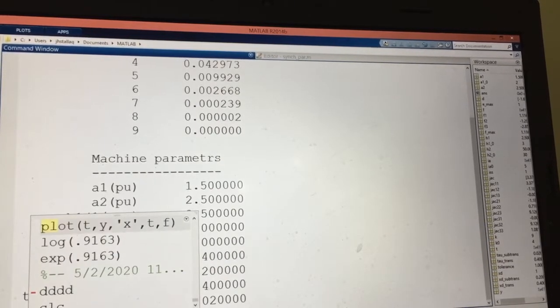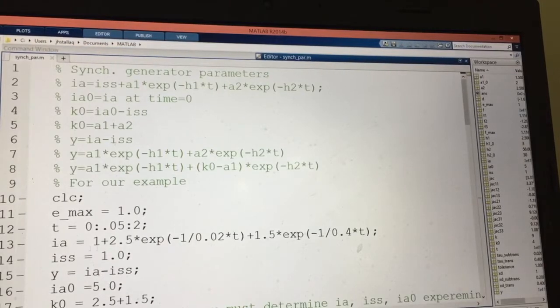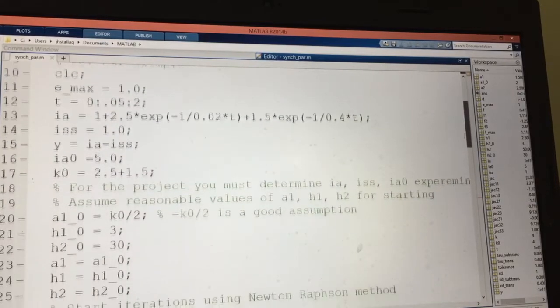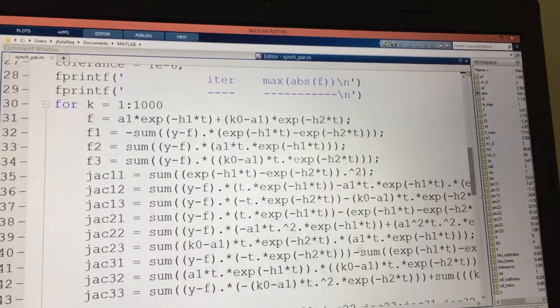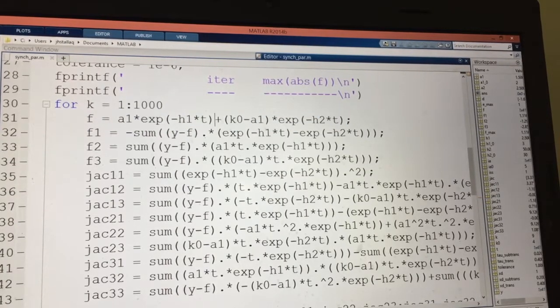I'm plotting against T, what was Y, give it a mark X, and what was F. If we go back to F, we are calculating IA and this is F. We want this to be exactly or very near Y, the variable Y. In fact, we are trying to minimize Y minus F squared times half.